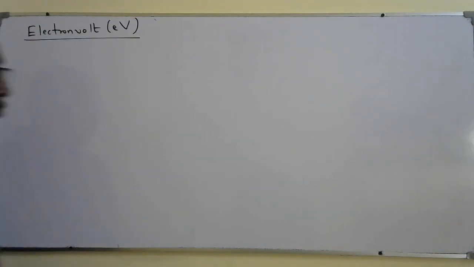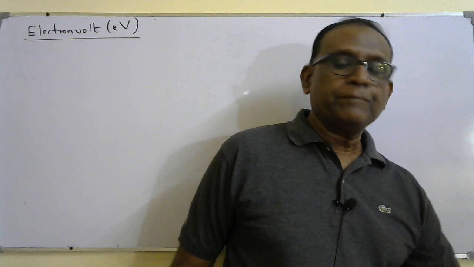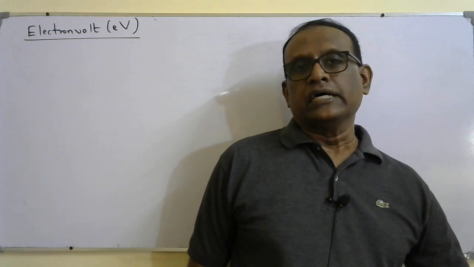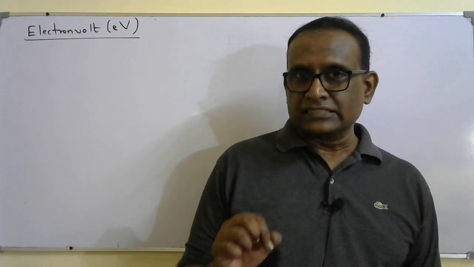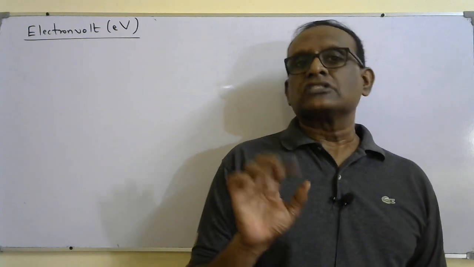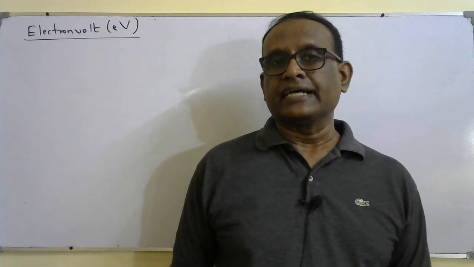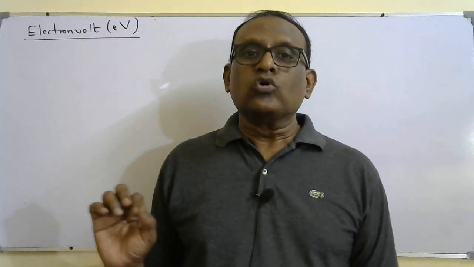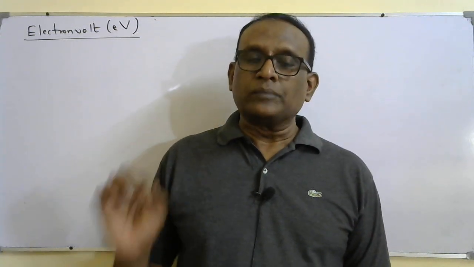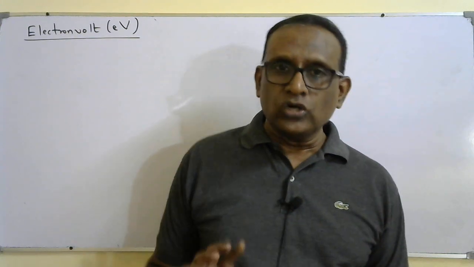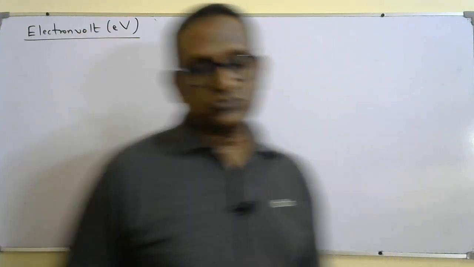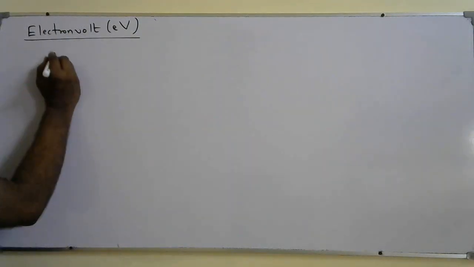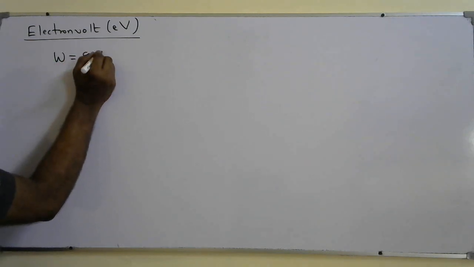Okay, so electron volt is a unit of energy. It's defined as the work done in moving an electron through a potential difference of 1 volt is defined as 1 electron volt. Again, the work done in moving an electron through a potential difference of 1 volt is defined as 1 electron volt. So W equals QV, we know that.